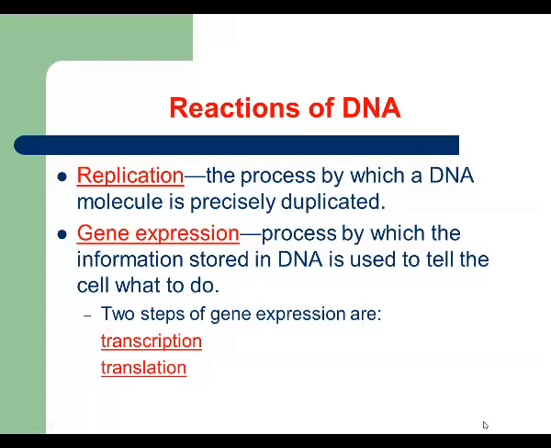Gene expression is the process by which the information stored in the DNA molecule is used to tell the cell what to do. Today I will talk about how bacteria make proteins. There are two steps in gene expression. Those are transcription and translation.